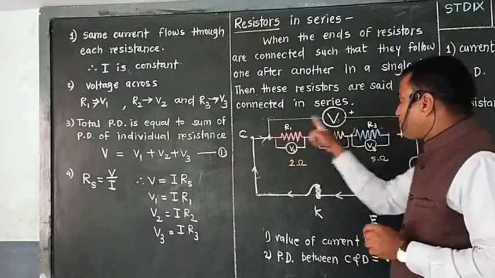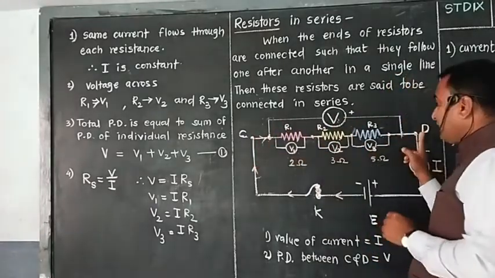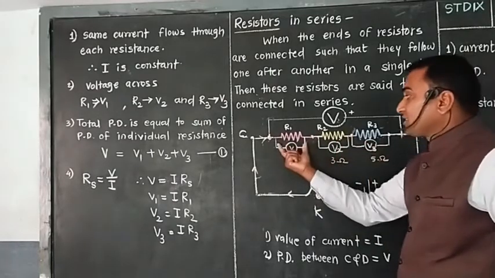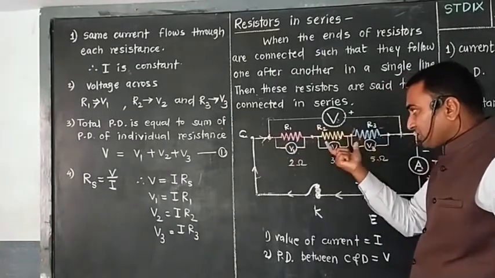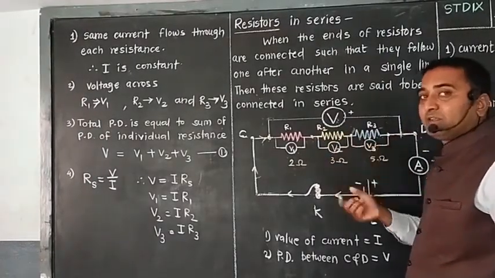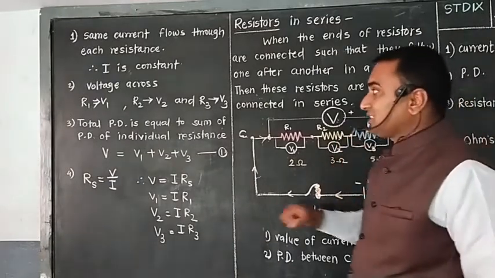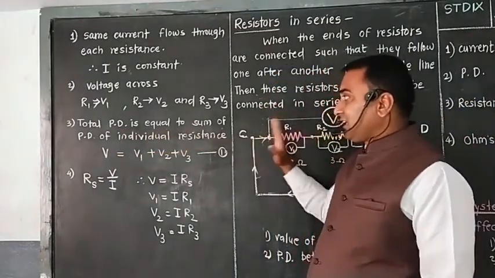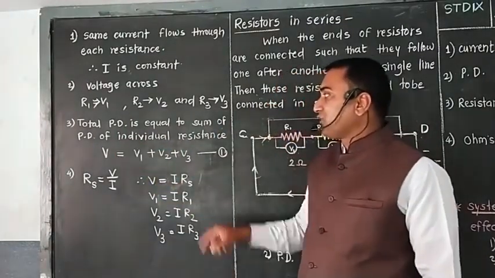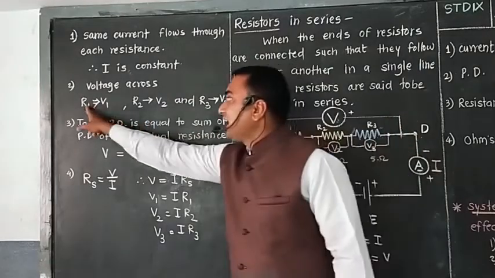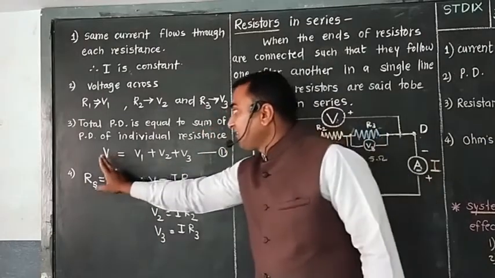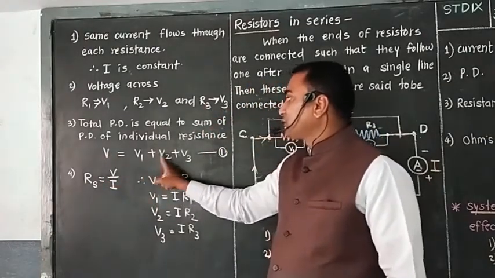Like this one, what is the potential difference between this C to D, because we have joined these three resistors between C to D. So potential difference of first resistor plus potential difference of second resistor plus potential difference of third resistor. Why only? Because we have only three resistors. So the total potential difference between these 2 points is equal to the sum of potential differences of individual resistors, as R1 has V1, R2 has V2 and R3 has V3. So total V is equal to V1 plus V2 plus V3.